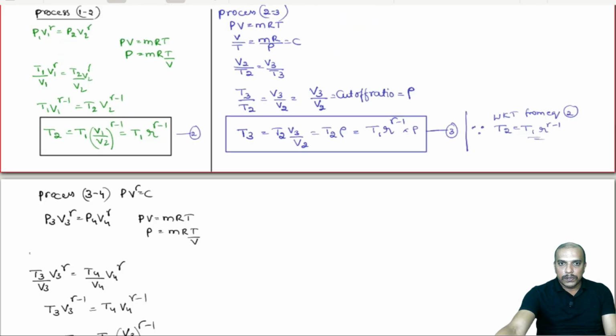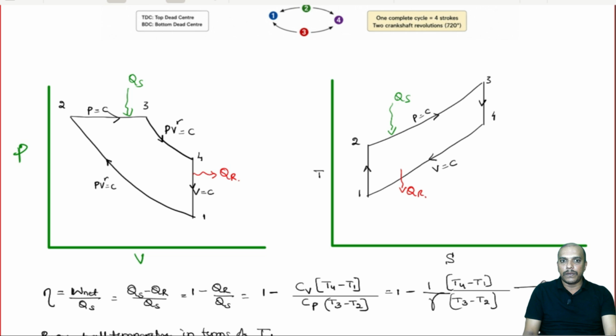And now we are at a situation where we have a ratio of V3 and V4. Remember, V3 and V4: this is neither the cutoff ratio nor the compression ratio.